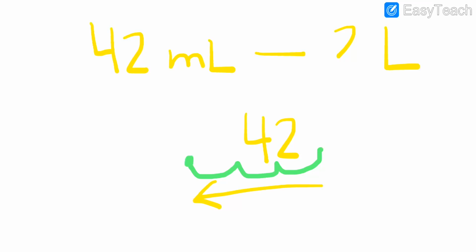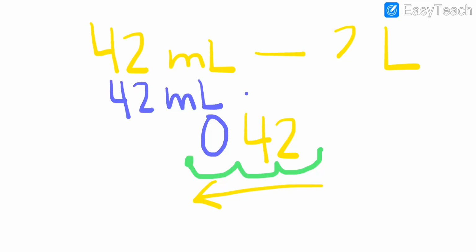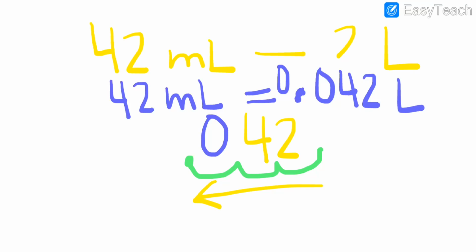I'm going to put it right over there, and I need to fill in that empty space with a 0. So I know that 42 milliliters equals, you can put an extra 0 right here, 0.042 liters. So it's a tiny little amount, right?